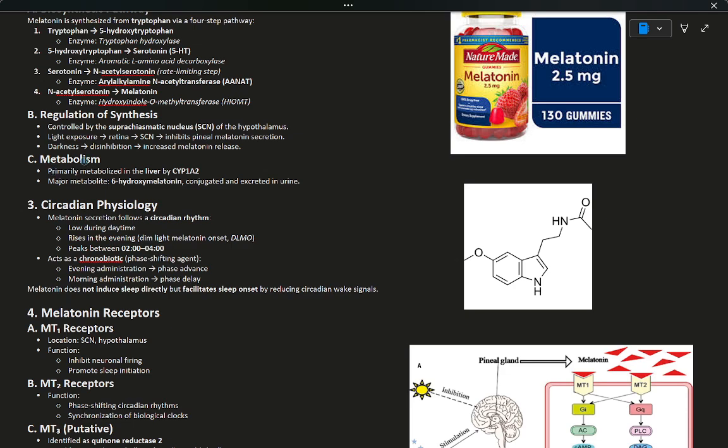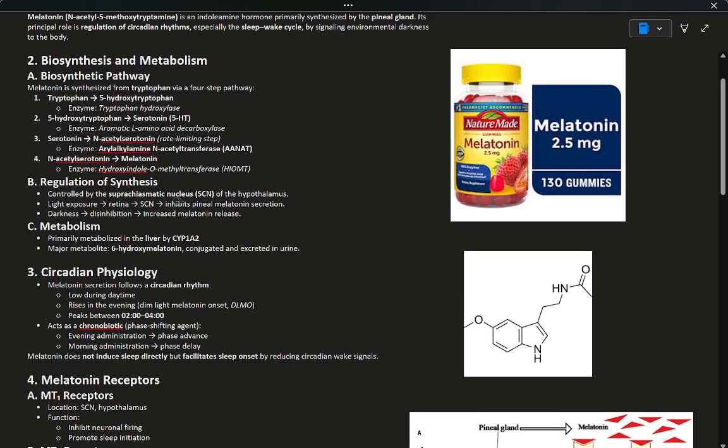regarding the metabolism of melatonin, melatonin is primarily metabolized in the liver by the CYP1A2 enzyme. When it becomes metabolized, the resulting major metabolite is called 6-hydroxymelatonin. And the 6-hydroxymelatonin will be conjugated and eventually excreted into urine.